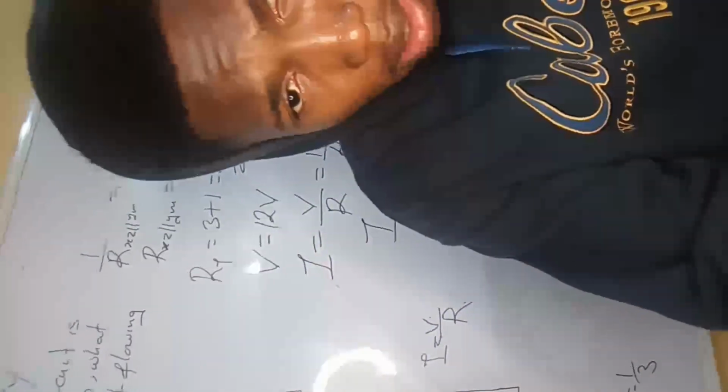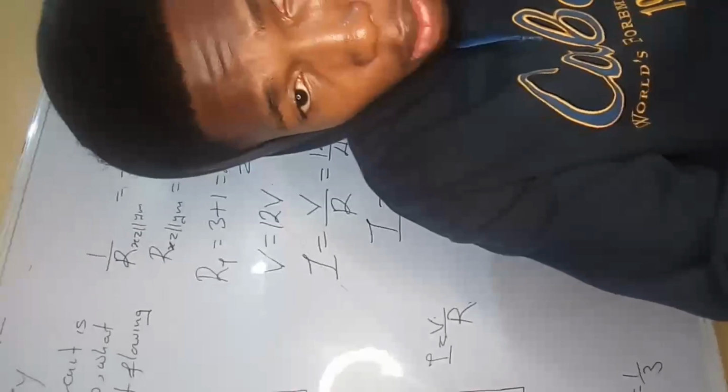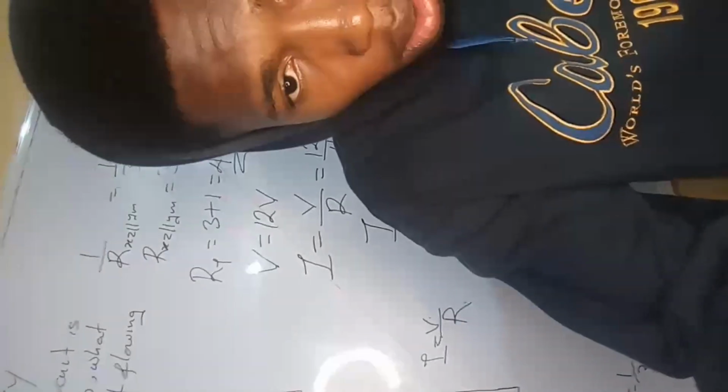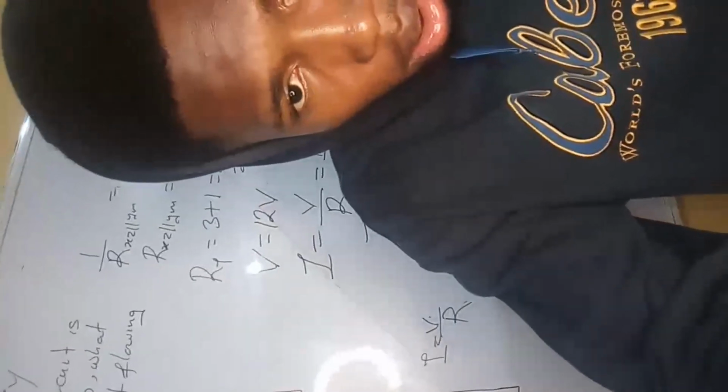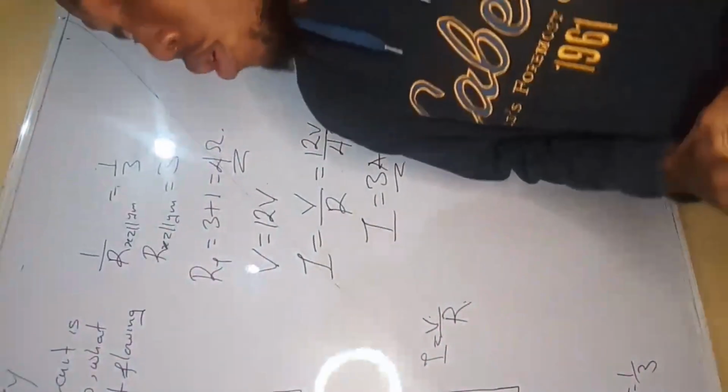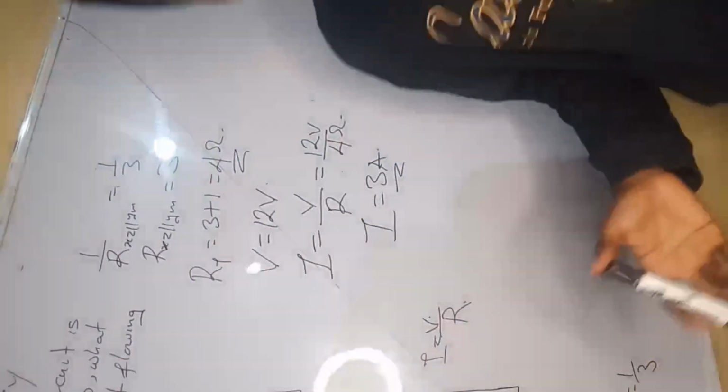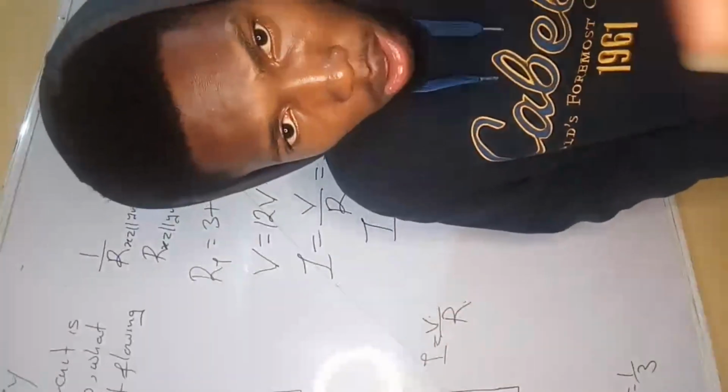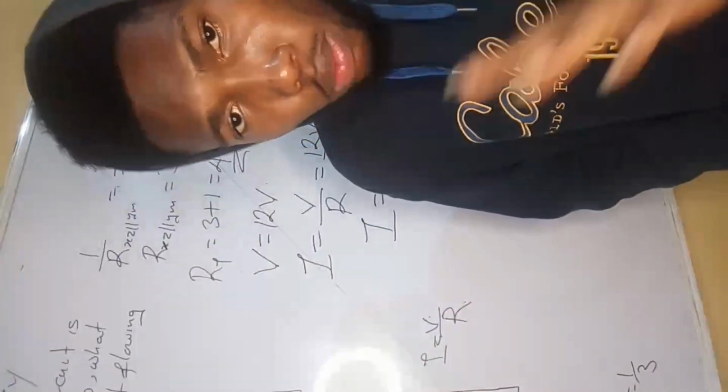Okay, let's now move to the next. Are we done? Can I wipe it off, please? You guys should please, because of time. You can't trust this country and their lights. This light might go off by 12 o'clock. Okay, since you guys are with me, I'm going to be rubbing it off now.